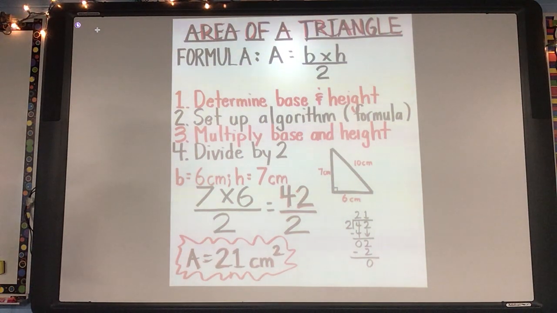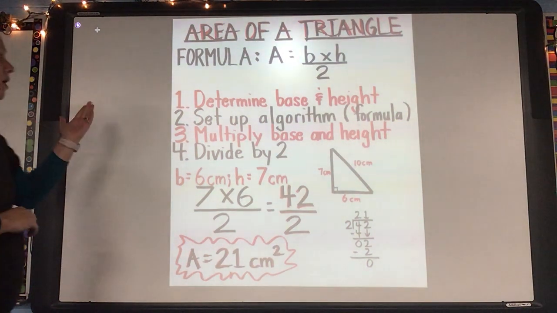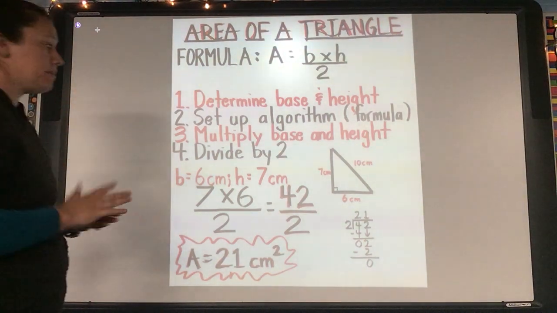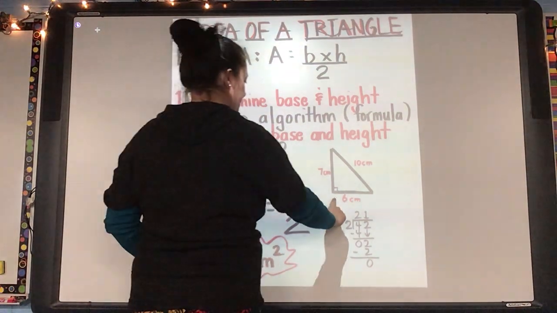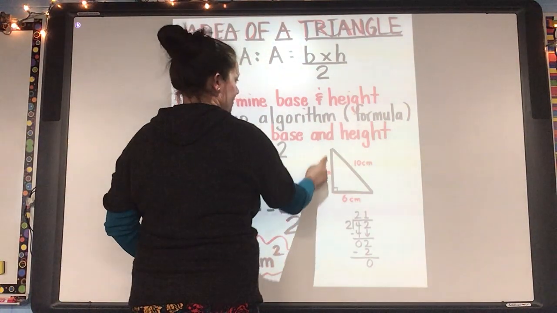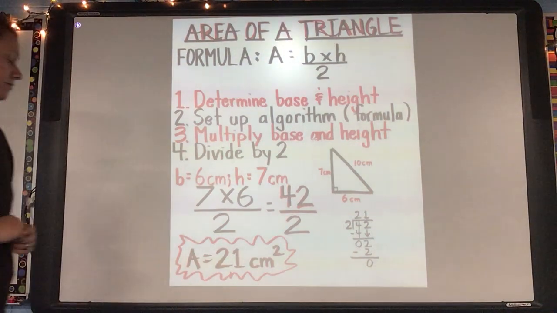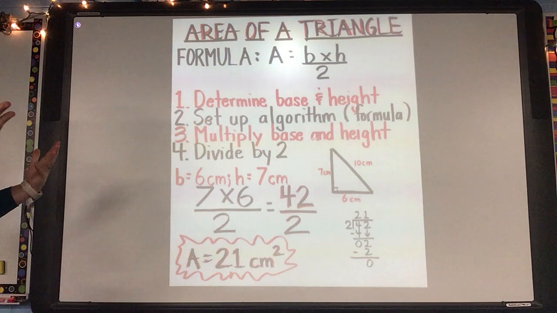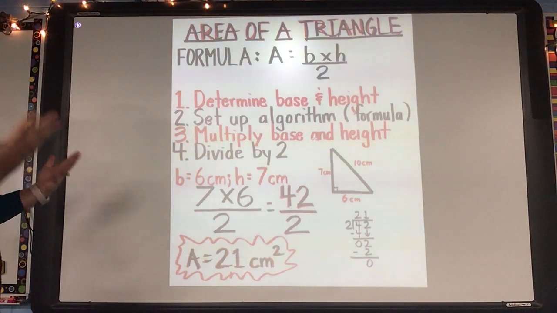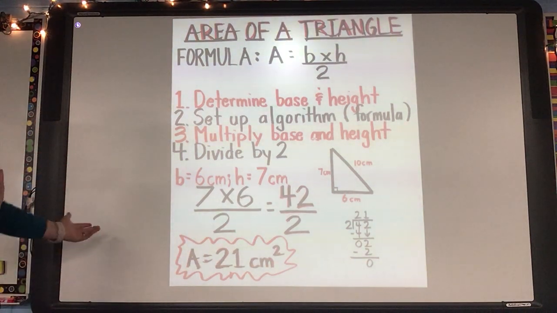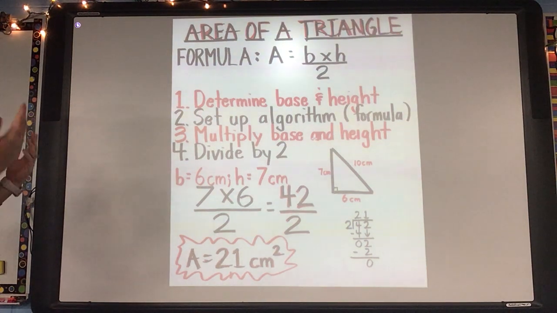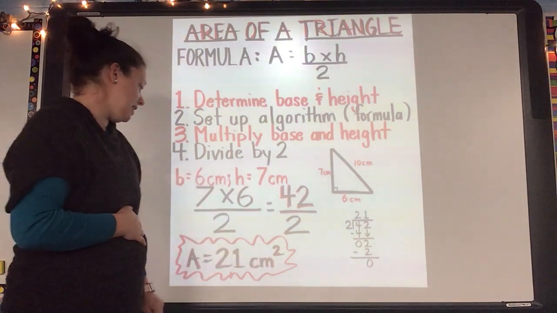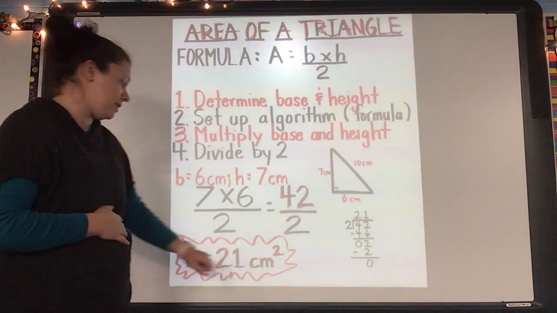And then it gives us directions. It numbers them. Number 1, determine what is the base and the height. Okay, what are those numbers? So in this one, I have a base of 6 and a height of 7. We need to set up our formula then, which in this case, we're going to multiply our base times height, so 7 times 6, and then divide by 2. 7 times 6 is 42, divided by 2 is going to give you 21.